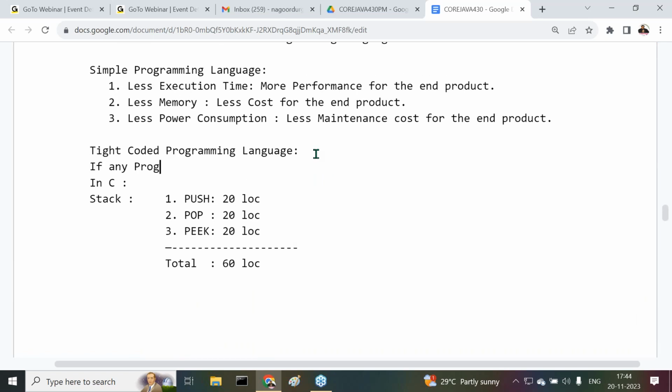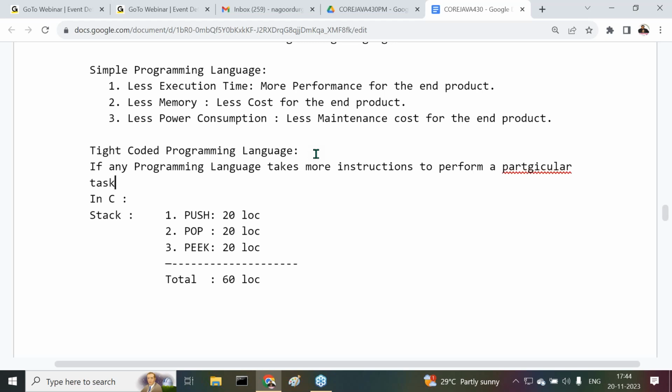If any programming language takes more instructions to perform a particular task, then that programming language is loose coded programming language.